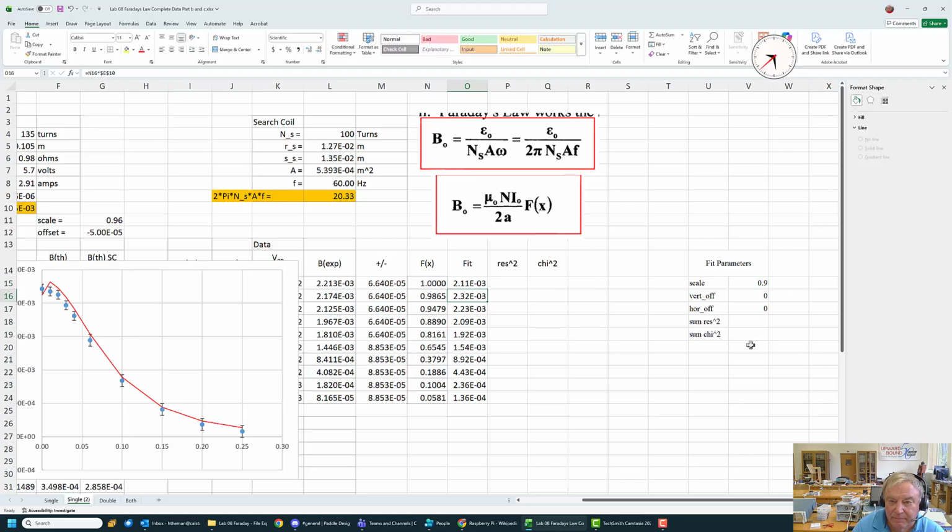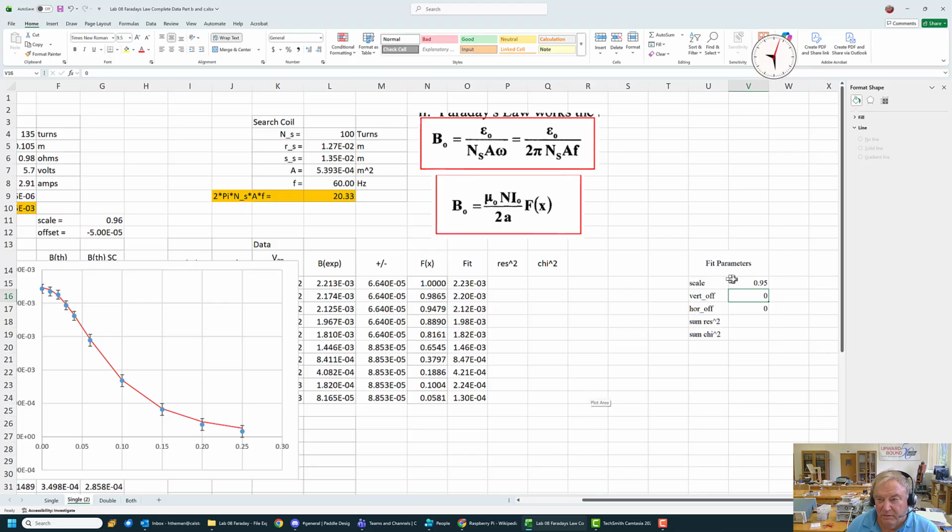Okay. So now, I notice the graph changed a little bit. Neat, huh? So what happens if I do 0.95? Not bad, huh?